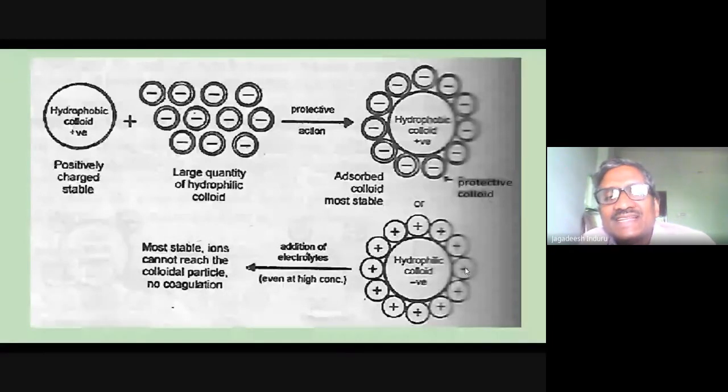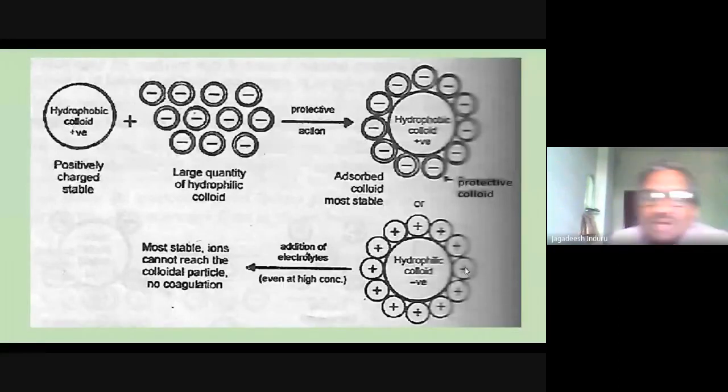You are going to have addition of electrolytes even at higher concentration. It makes no difference, because it is hydrophilic in nature, so the electrolyte cannot reach the colloidal particle and no coagulation occurs. It will have a protective action. This is what you are going to represent in the exam also. You need to understand. And for this purpose, we have a concept called the gold number.